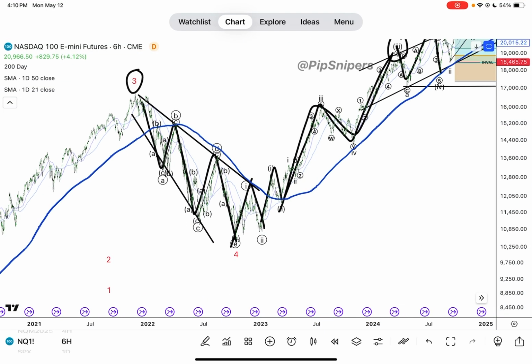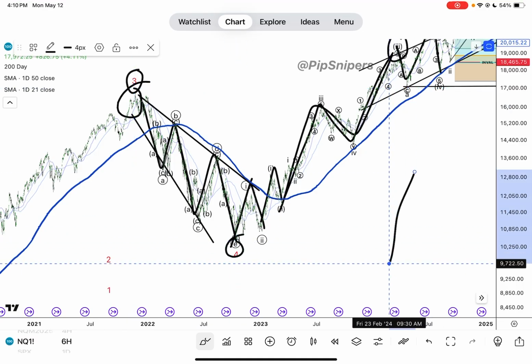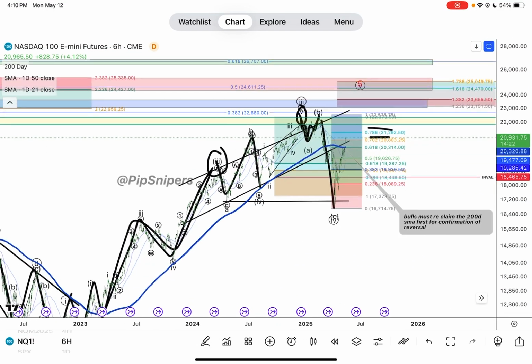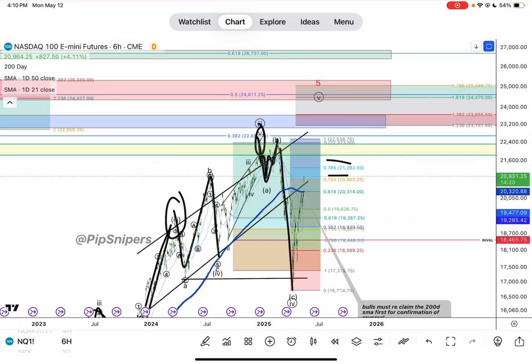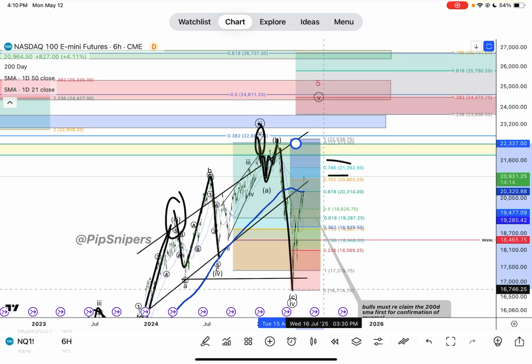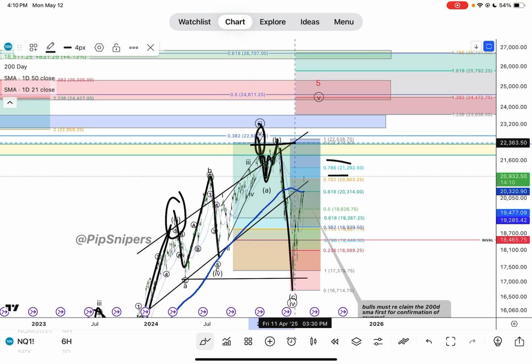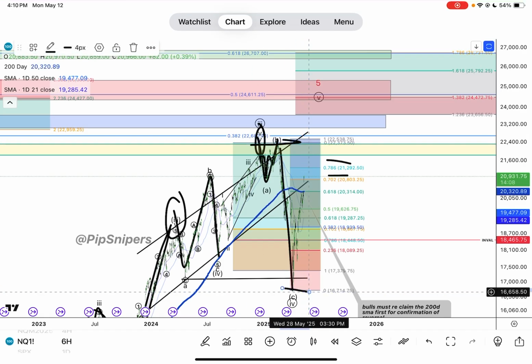When we take a fib from the 2021 high down to this low, same as the S&P 500, and also because that's around the 1.382 extension when we take a fib from this high down to this low.